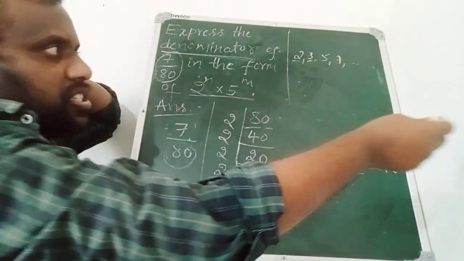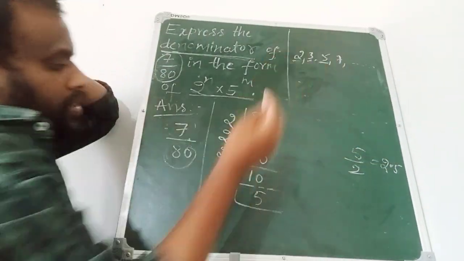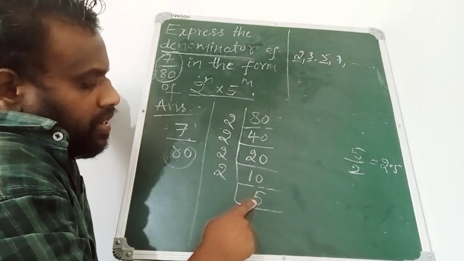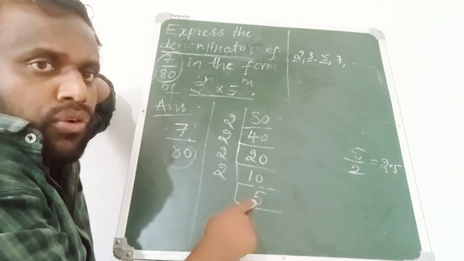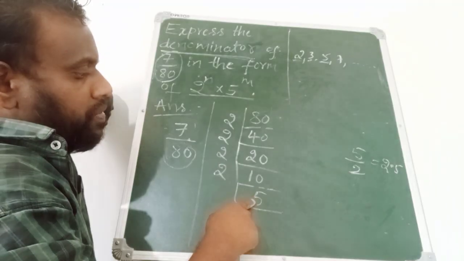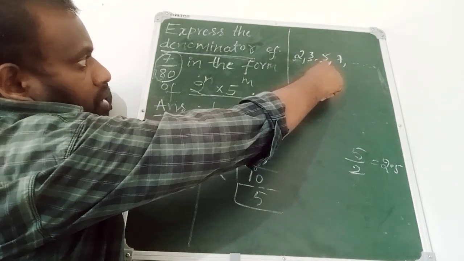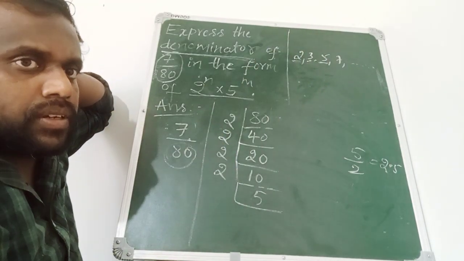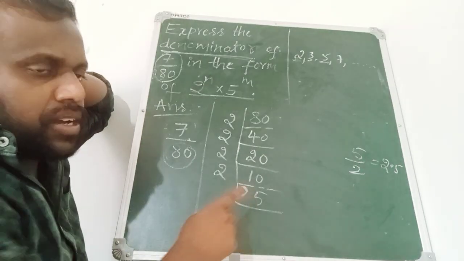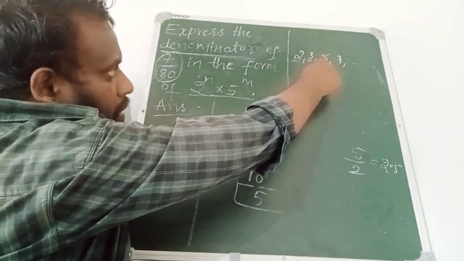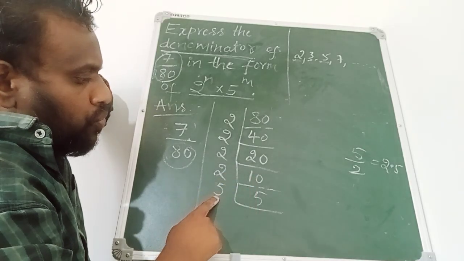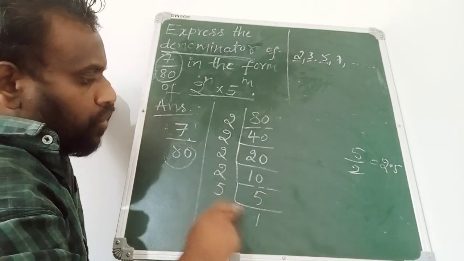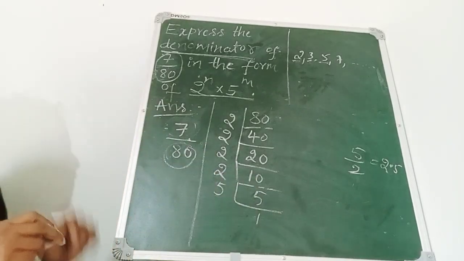Now go for the next prime number. Next is 5. Check whether this 5 is completely divisible by 5 or not. See, this 5 is completely divisible by 5, so write this 5 here. Now 5 ones are 5.